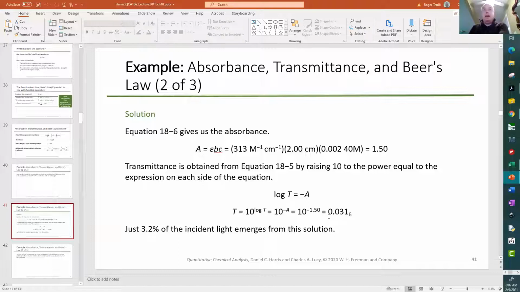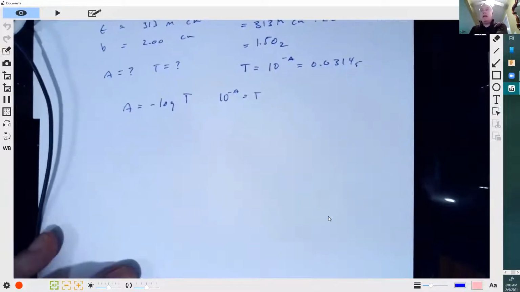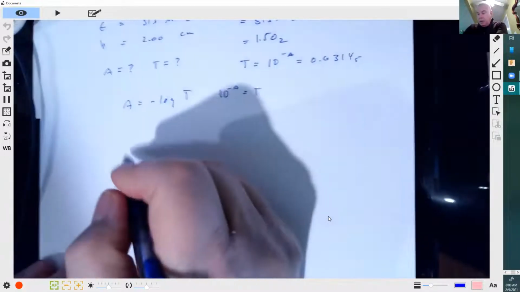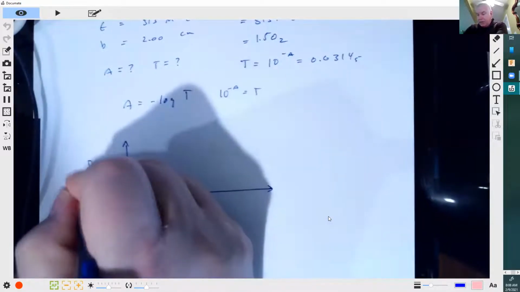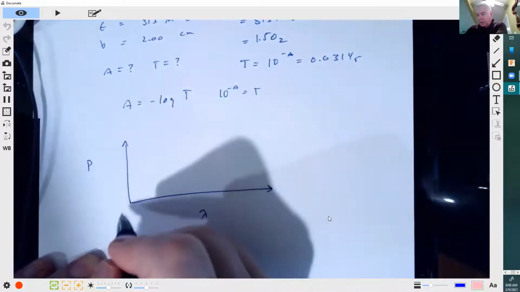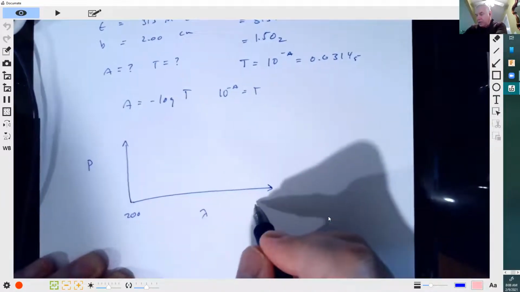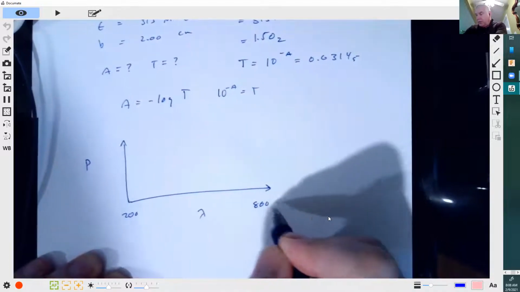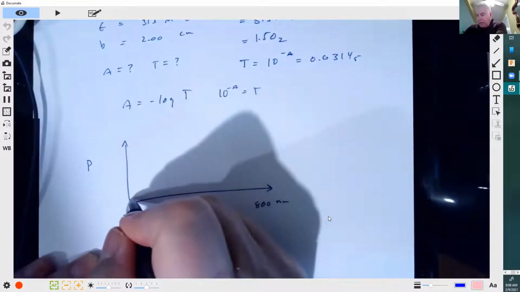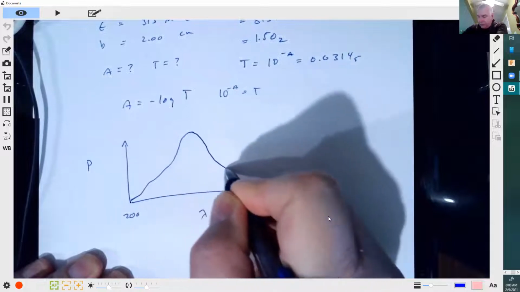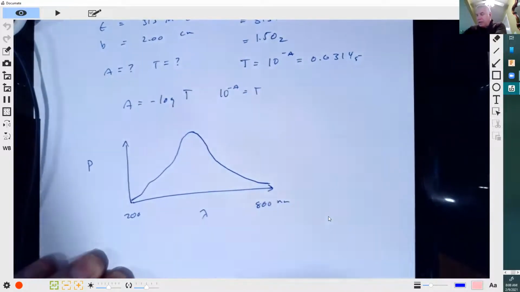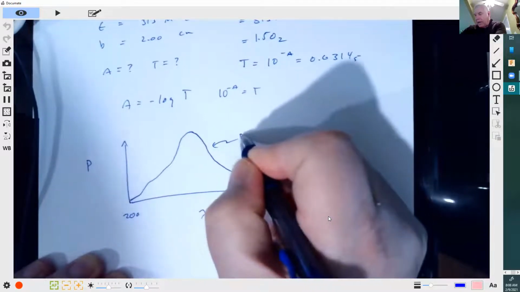Let me go back here to the page. Let's say that you look at the power spectrum, and this is just P versus lambda, say 200 to 800 nanometers. And say at 200, you've got a little bit of light here. And let's say this is the power spectrum of your lamp.